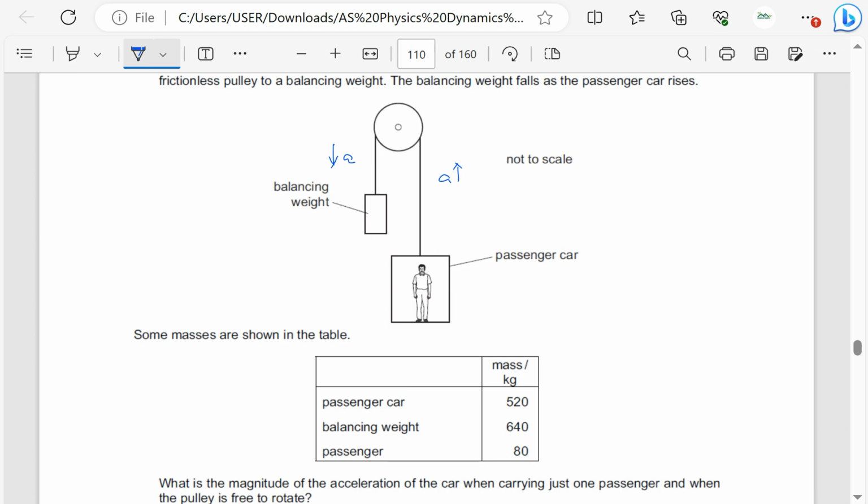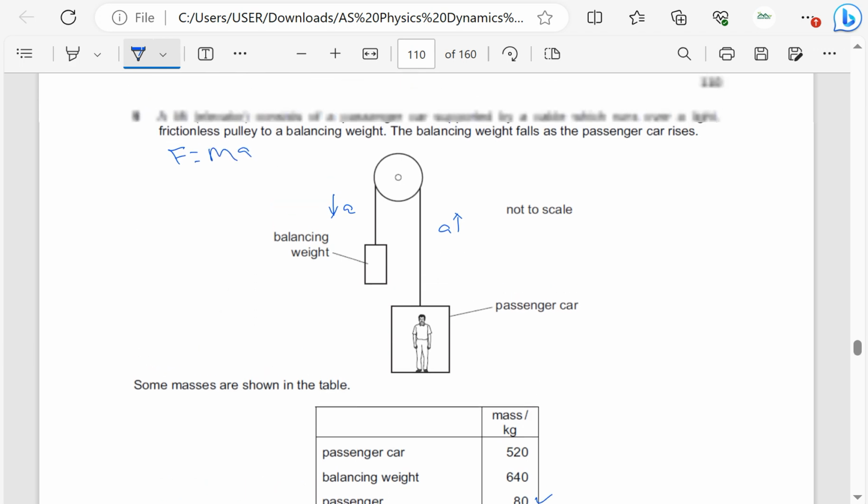So what is the magnitude of the acceleration of the car when carrying just one passenger and when the pulley is free to rotate? So the passenger has a mass of 80 kilograms. Remember Newton's second law, the resultant force F is going to be equal to mass times acceleration. On the left hand side, we have the weight of the balancing weight, which is going to be 640 times g, acceleration due to gravity.